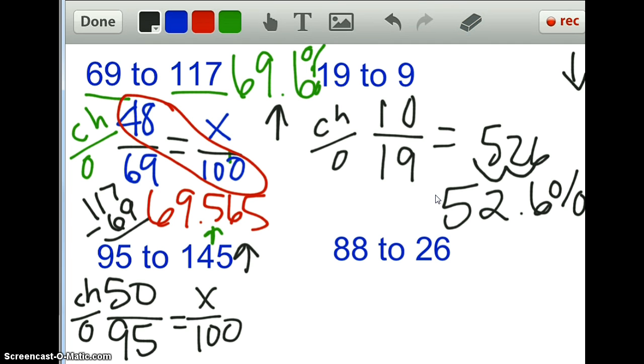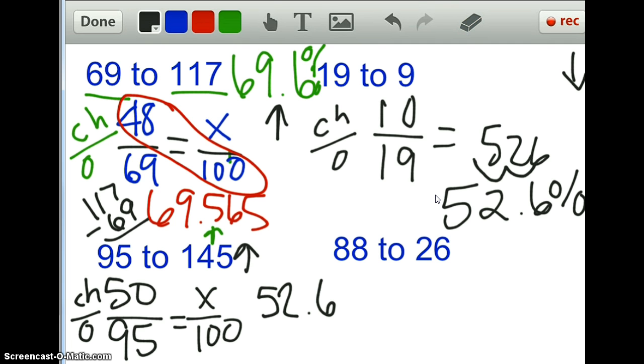All right, I want a percent, so there we go, 50 divided by 95. Move it over 2 places. It's just a little bit over 50%, so I get 52.6 again. That works, and it's an increase.